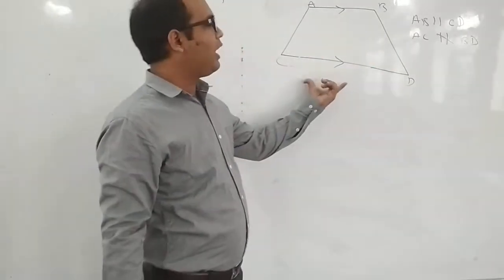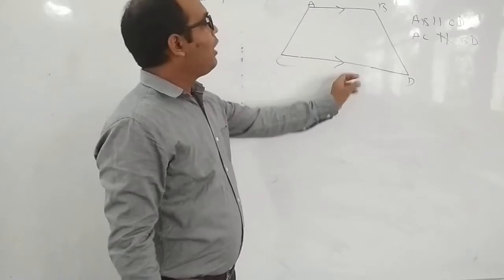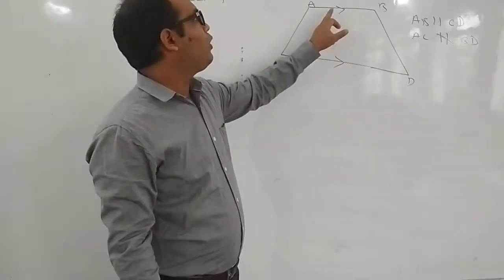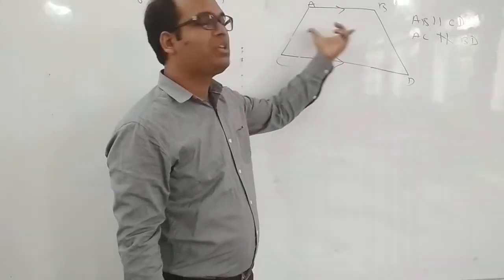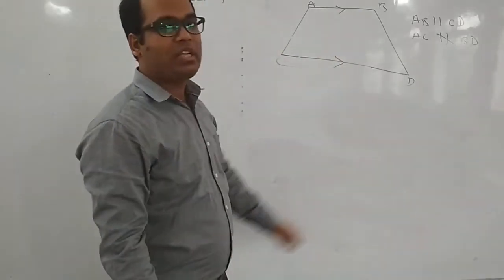So this one is a trapezium. So what is a trapezium? A quadrilateral whose two sides are parallel, and the remaining two sides are non-parallel.